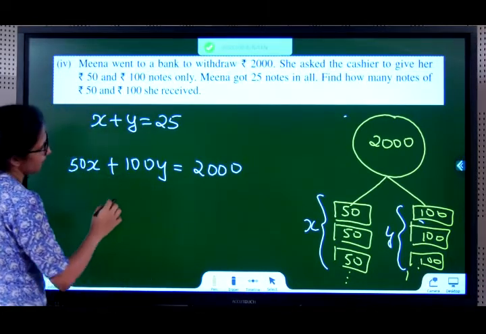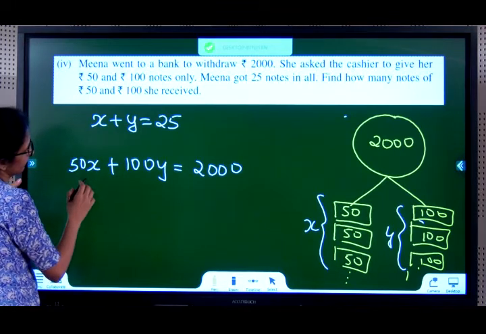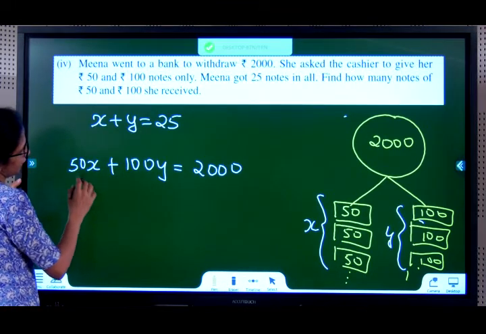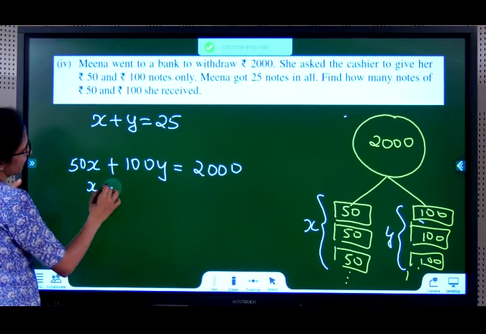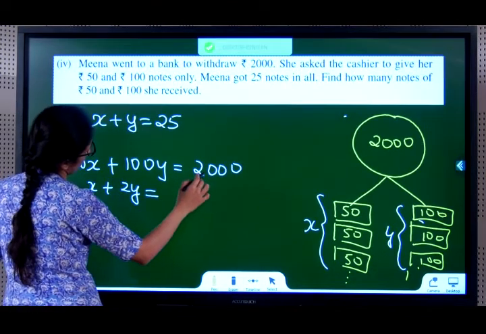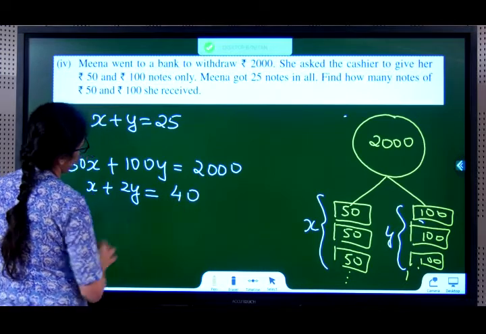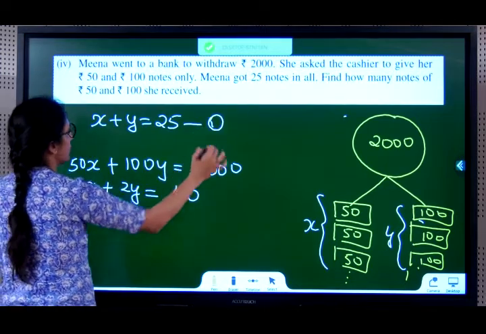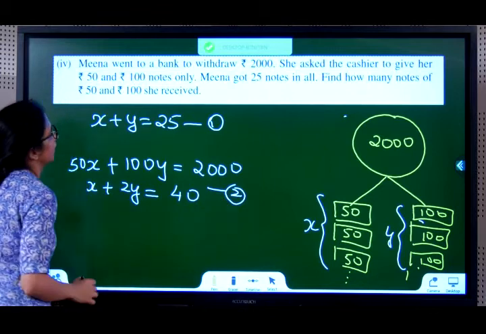You can reduce this. Can we reduce this? Divide it by 50. So you get x plus 2y is equal to 40. So fine. So this is equation 1 and this is equation 2.